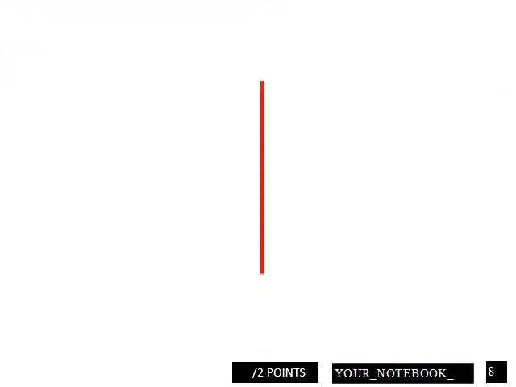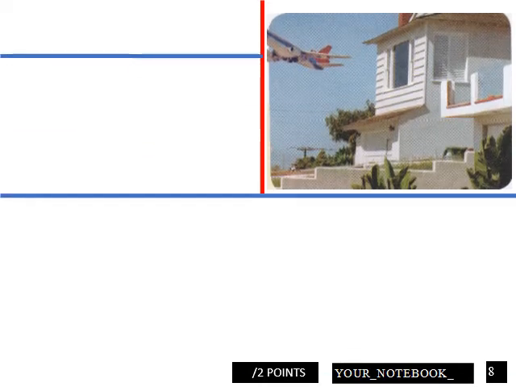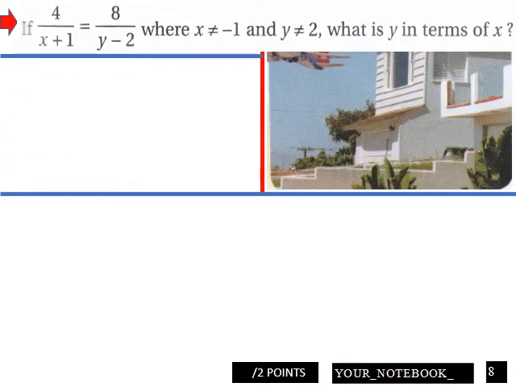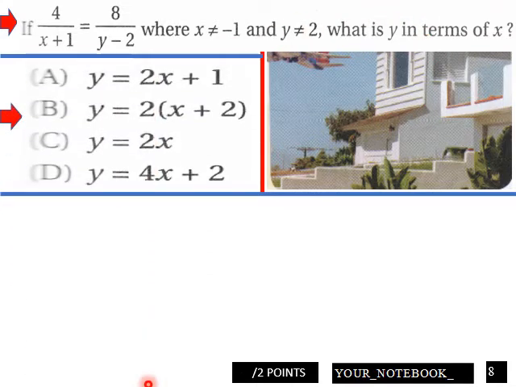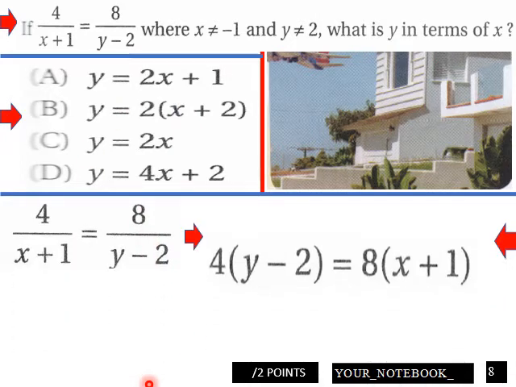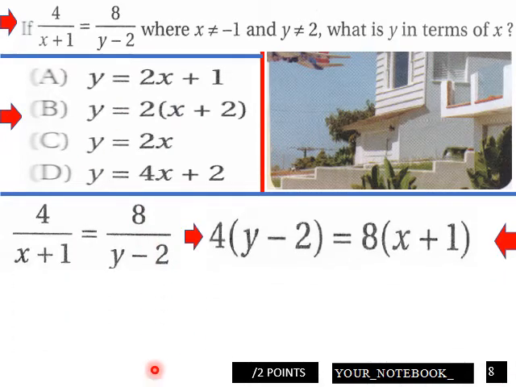As with systems of equations, you're always trying to solve for something in terms of something else. Here we have this, where x cannot equal 1 and y cannot equal 2. What is y in terms of x? It's usually something in terms of something else. Then here are our possibilities. Write the original equation, and we cross multiply here.